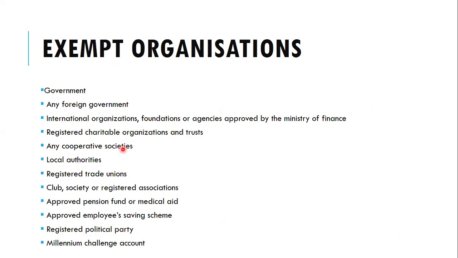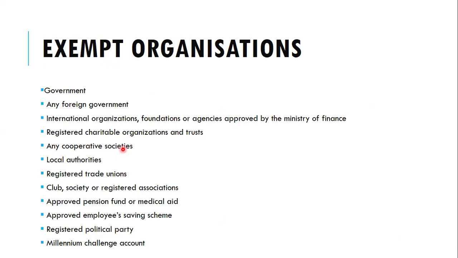Then we've got certain exempt organizations. So one, the government doesn't pay property transfer tax. So if property is transferred from the Ministry of Health to the Ministry of Education, no property transfer tax is paid.